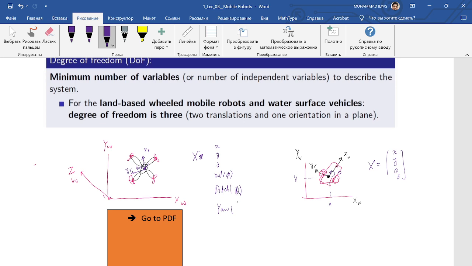So it has 6 parameters which describe the system motion. So it has 6 degrees of freedom, right? Roll is the rotation about the x axis, pitch about the y axis, and yaw about the z axis. This way we can determine the degree of freedom of our mobile robot.